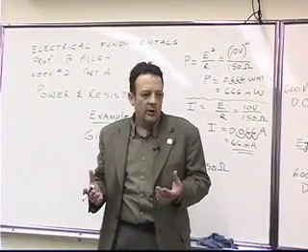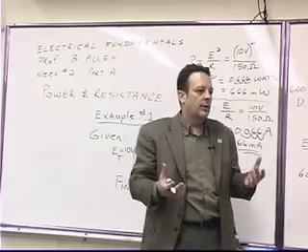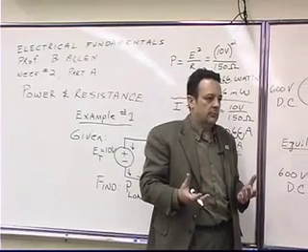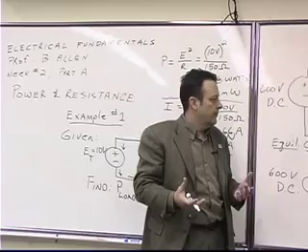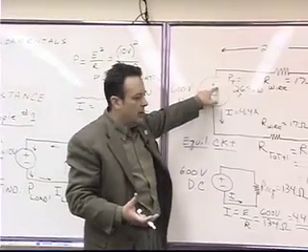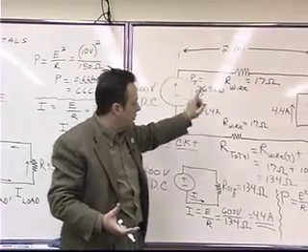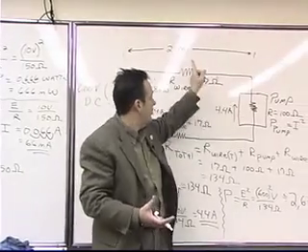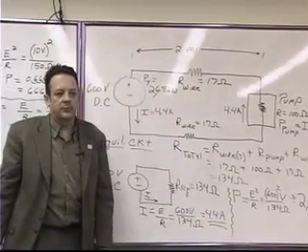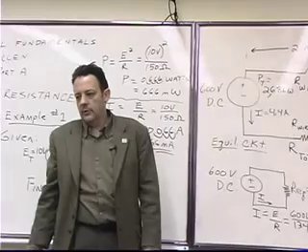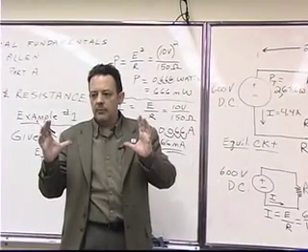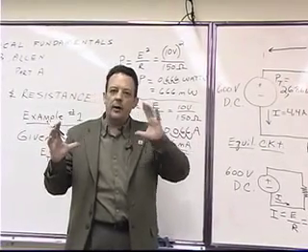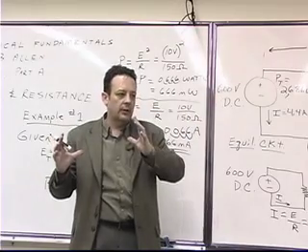It's a fancy word for nothing more than adding things up. The power here must be equal to this power plus this power plus this power. That's superposition. In other words, if you add all the powers up, they have to be equal to the power that the source is generating.